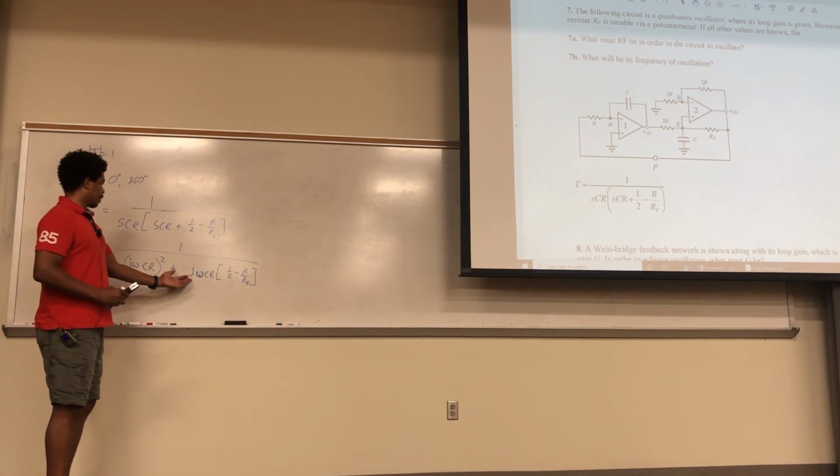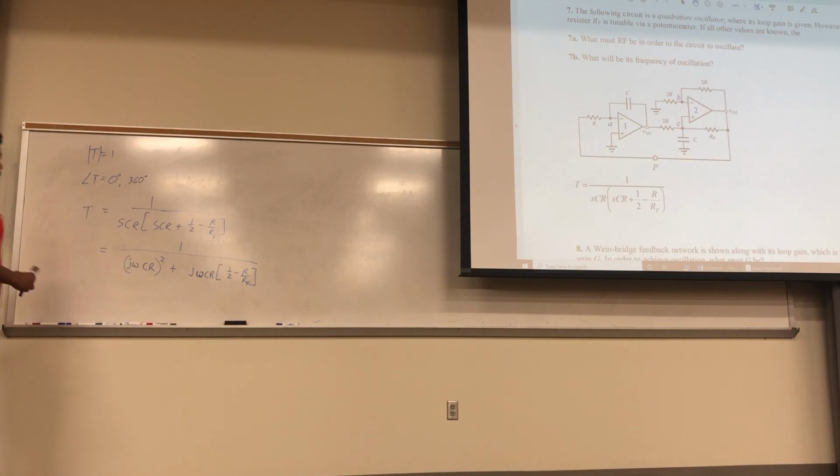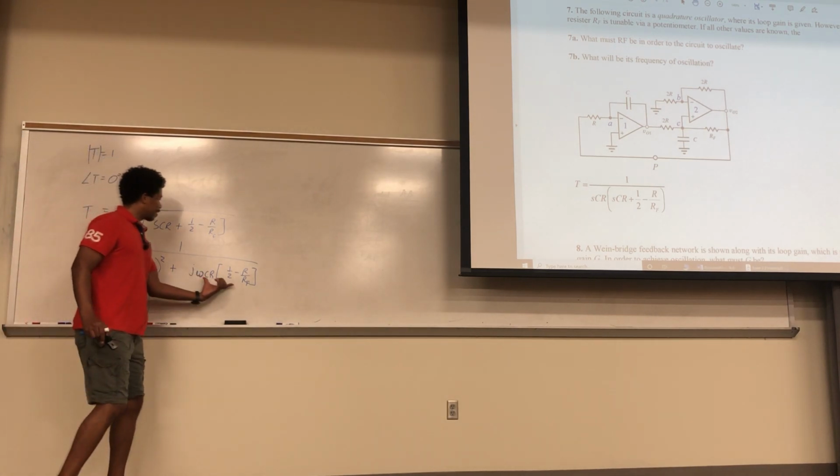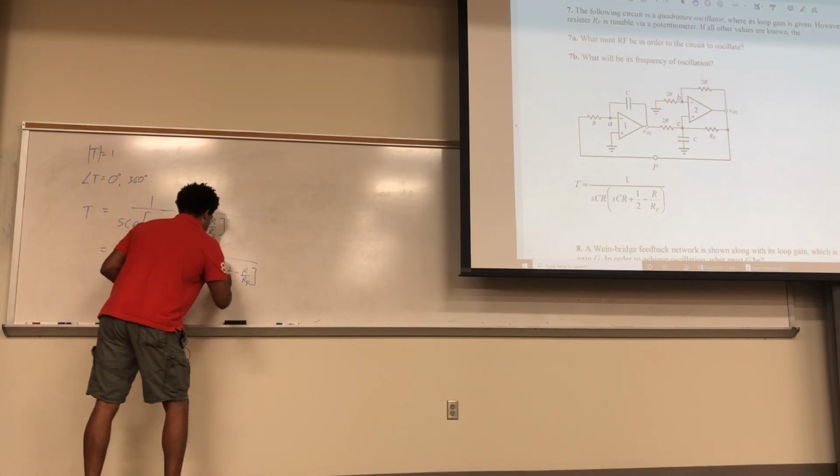That's going to be imaginary. So if we were looking at angle 0, the imaginary goes on top, so we need that to be 0. So this part right here should be 0. So that means this piece right here would need to be 0.